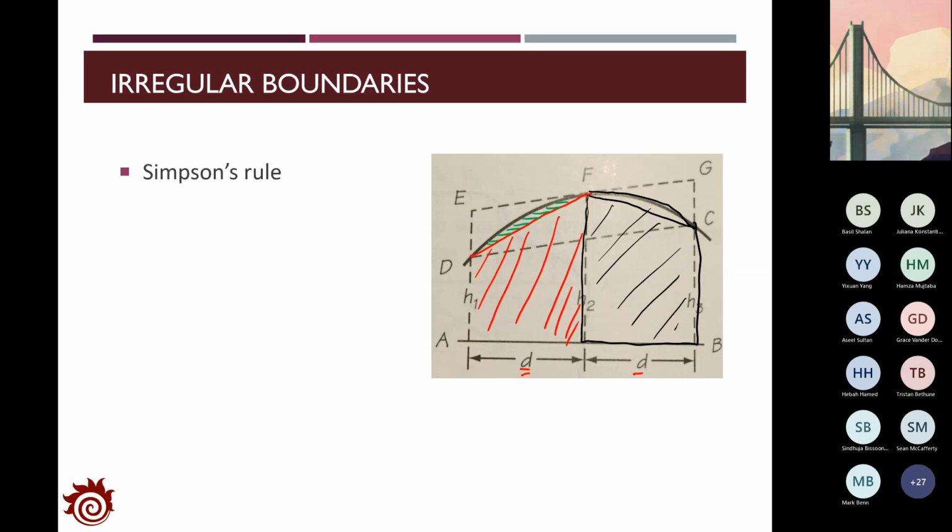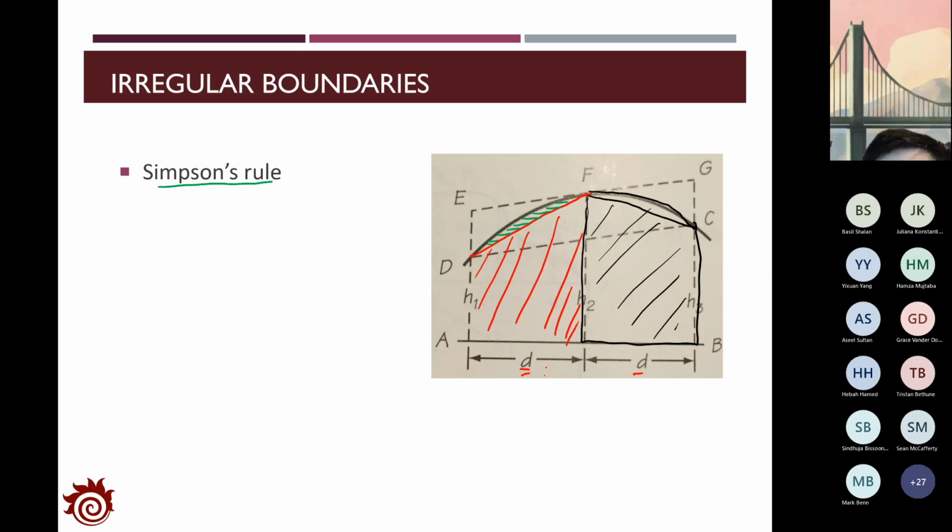So in order to solve this issue, we're going to use another method which is called Simpson's rule. Simpson's rule can help us find a more accurate estimation of the areas. Usually for Simpson's rule, we need to consider two intervals at the same time.